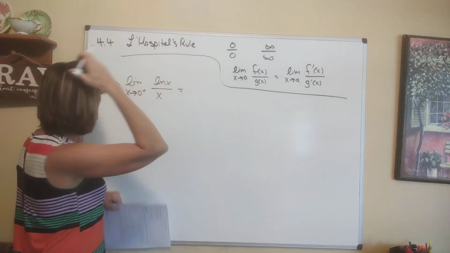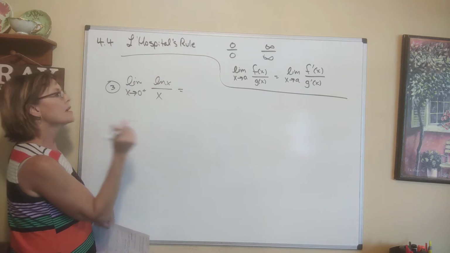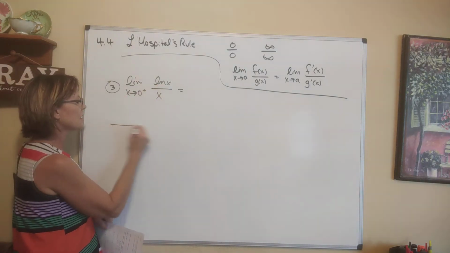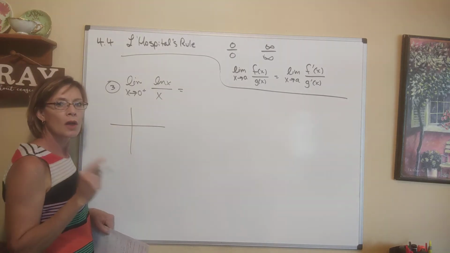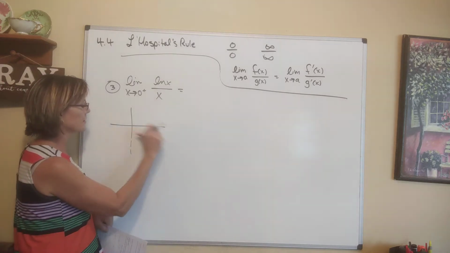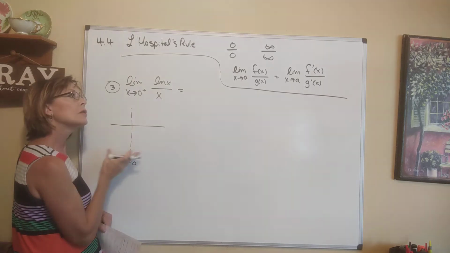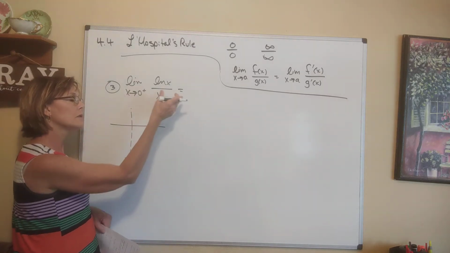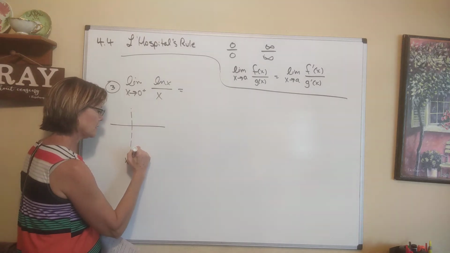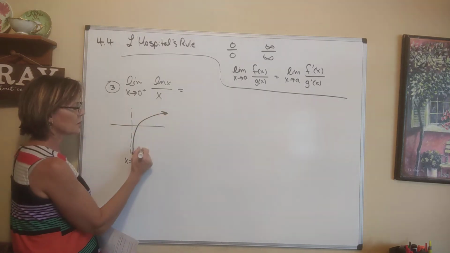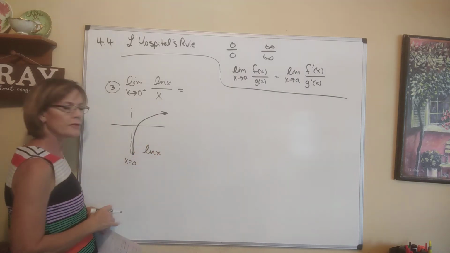Okay, what's going to happen here? The limit as x goes to 0 from the right of the natural log of x. If you recall what a logarithmic graph looks like, it has a vertical asymptote here, and you can only put something positive into a logarithmic graph. So it hugs the y-axis here and then it approaches. This is what the graph of the natural log of x looks like.